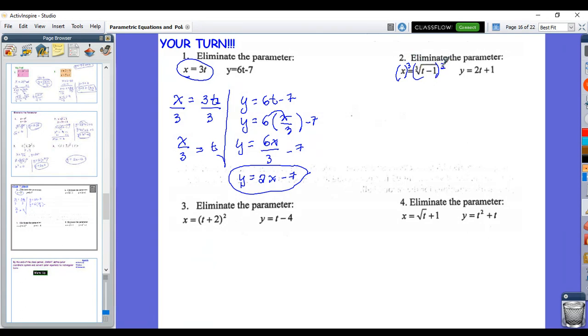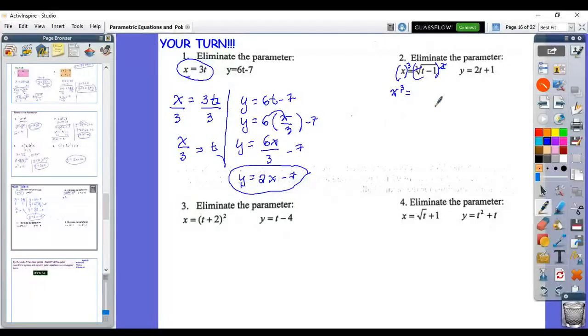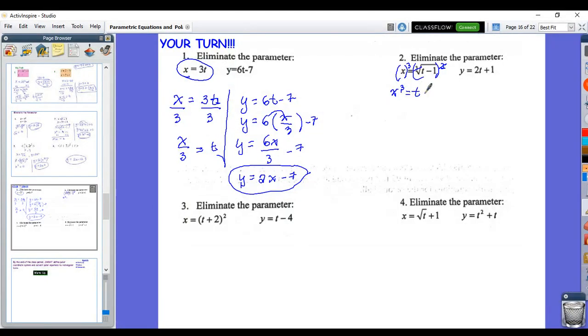So by raising both sides to the 3, the 1/3 and the 3 cancel. So what you have left is x cubed equals t minus 1. And since I'm solving for t, I can add 1 on both sides. So I have x cubed plus 1 equals t.